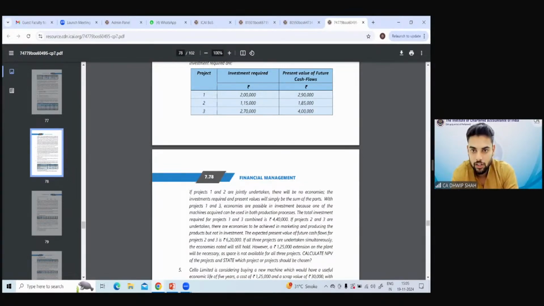Had project 2 and project 3 individually been taken, then can you see my PVCI would be 4 lakh plus 185. But since they have been jointly taken, there are certain savings in cost of marketing and in cost of producing the products. So my PVCI, if both the projects are taken together, is 6 lakh 20 instead of 585. Hope you are understanding the question.